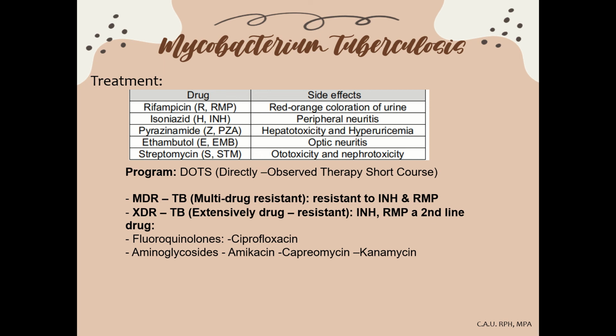But treatment should not stop after 2 months, as there are still other bacteria that live within the infected human. So an additional 4 months, sometimes lasting up to 7 months, of therapy is necessary. But this time, instead of the RIPE therapy, only rifampicin and isoniazid should be continued within the 4 to 7 months of therapy.